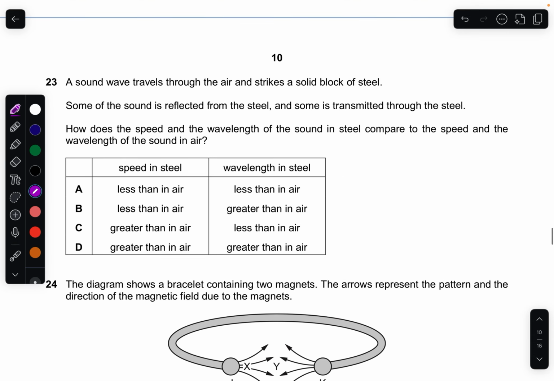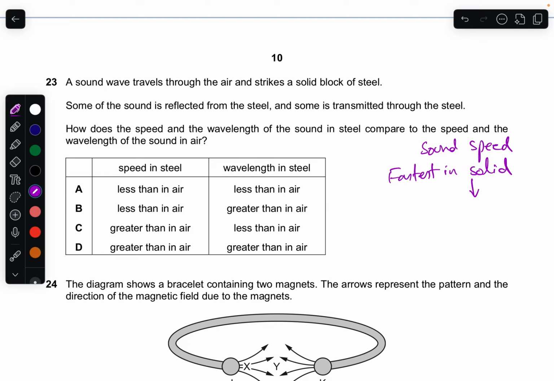In question 23, a sound wave travels through the air and strikes a solid block of steel. Some of the sound is reflected from the steel and some is transmitted through the steel. How do the speed and the wavelength of the sound in steel compare? Okay, you have to keep in mind, sound speed is fastest in solid, then it slows down in liquid, and slowest in air.